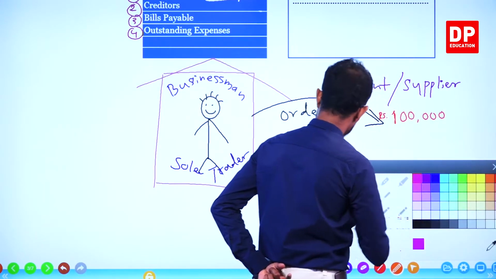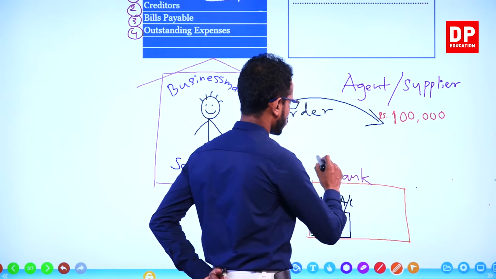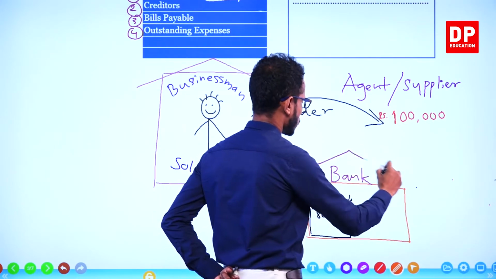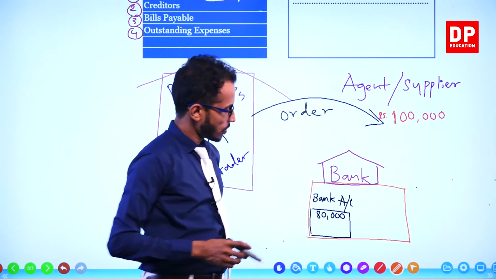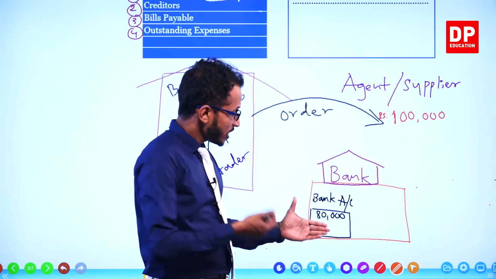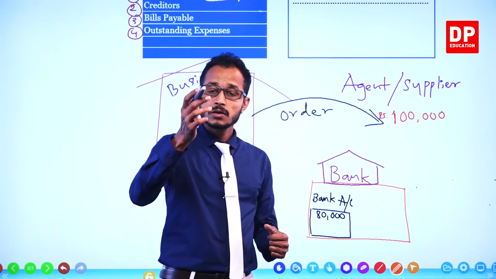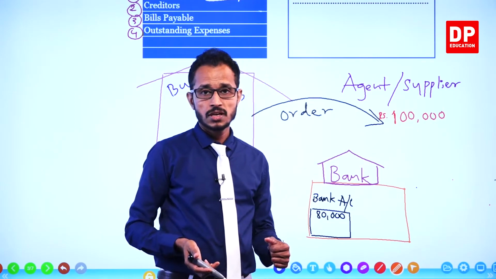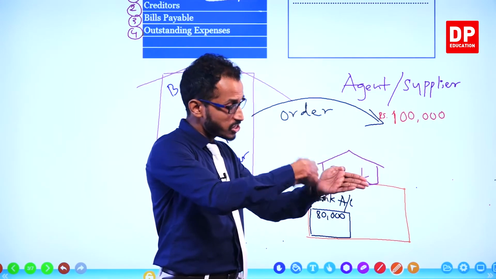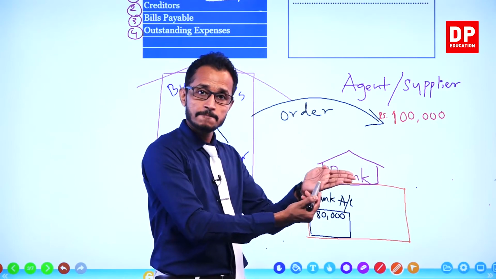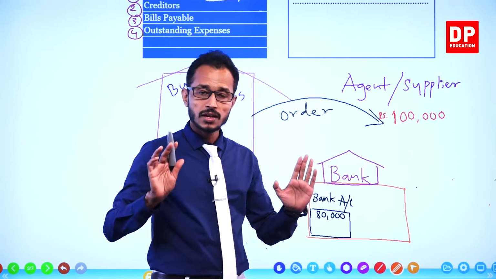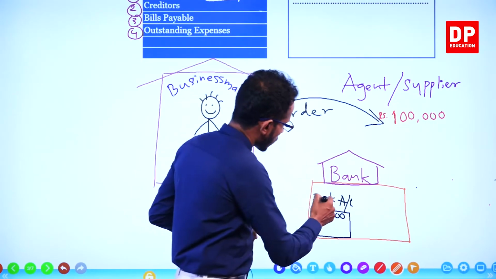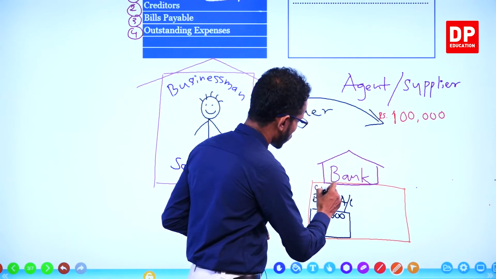I must say something about the bank account too. Now these bank accounts which businessmen use, which give the facility of checks, are called current accounts. Children, current accounts.